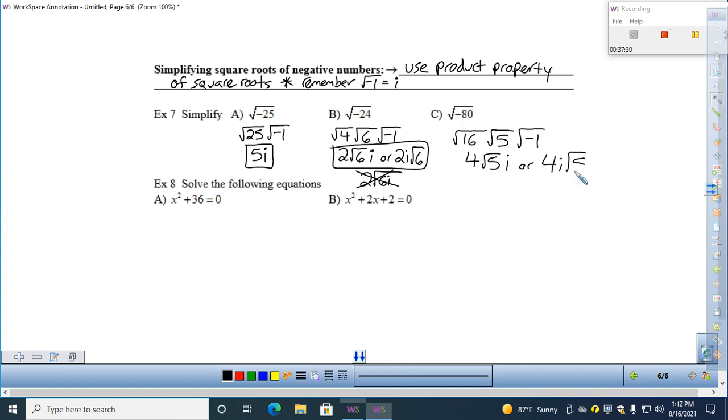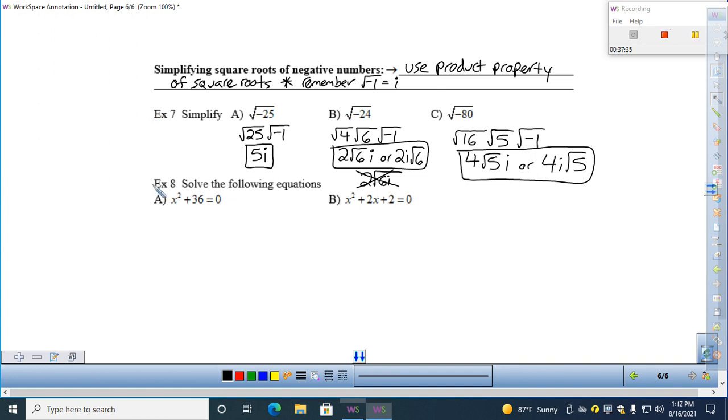You'll see me probably write it more like that. All right, so square root of a negative, please do make sure you pull I out as a factor. Absolutely. Now these, we're just representing a single value.